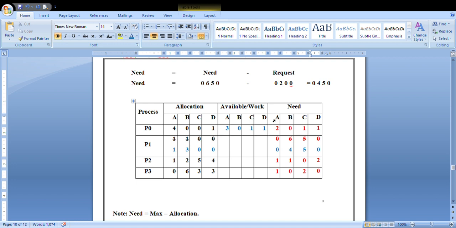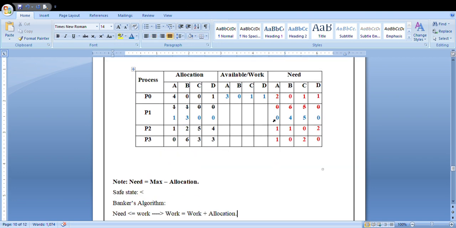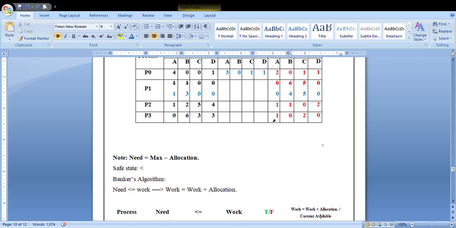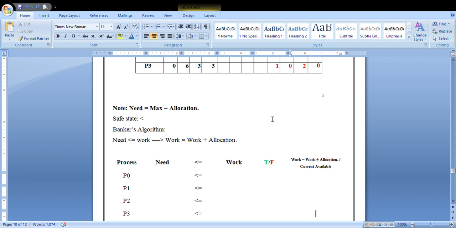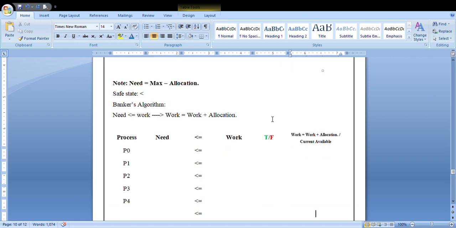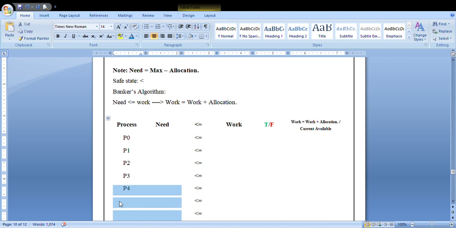Once it is done, once the conditions of your resource request algorithm are satisfied, again for calculating the safe sequence you have to make use of your safety algorithm. So how will you do that? You just need to repeat the process.